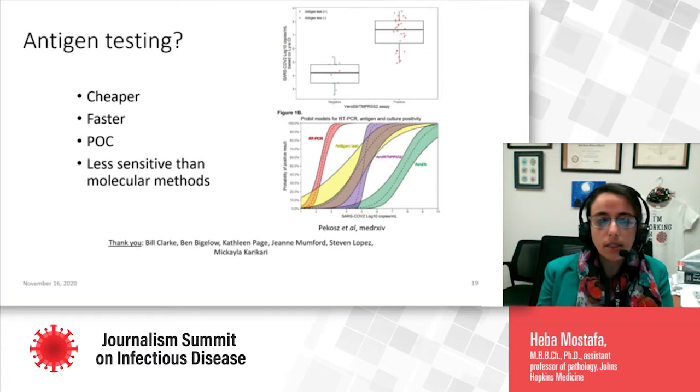On the right side here is a paper that was published from a Hopkins group. This group was trying to answer the question of whether antigen testing really detects the population of patients who shed infectious virus.